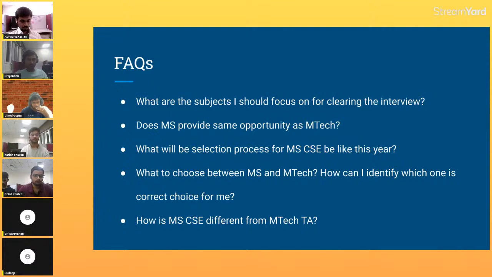In M.Tech, you will have to do some TA ship work, like 8 hours per week or something like that. But in MS CSE, you will be required to do assistantship too, but it will be for some more hours than M.Tech. So yeah, that's all, I guess.